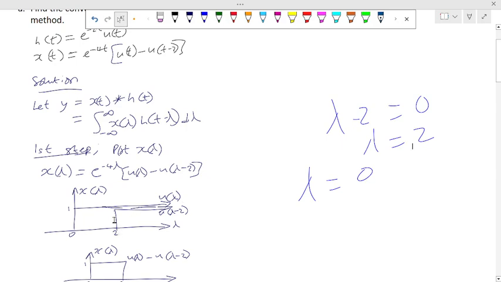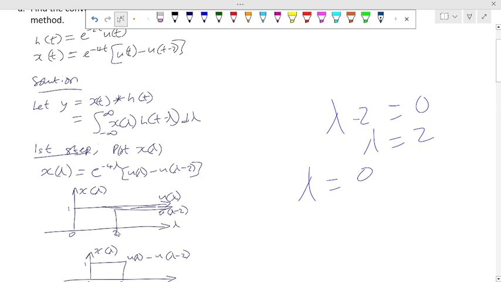So this part, going in this direction, is u of lambda minus 2, while from 0 it is just lambda going from 0 to infinity. This one starts from 0 on the lambda axis, and on the x of lambda axis it begins from 1 to infinity.